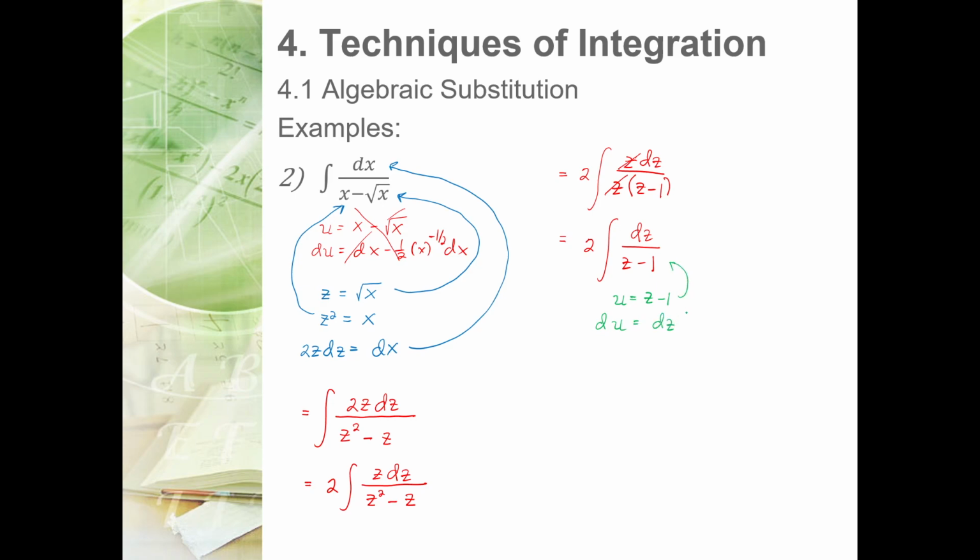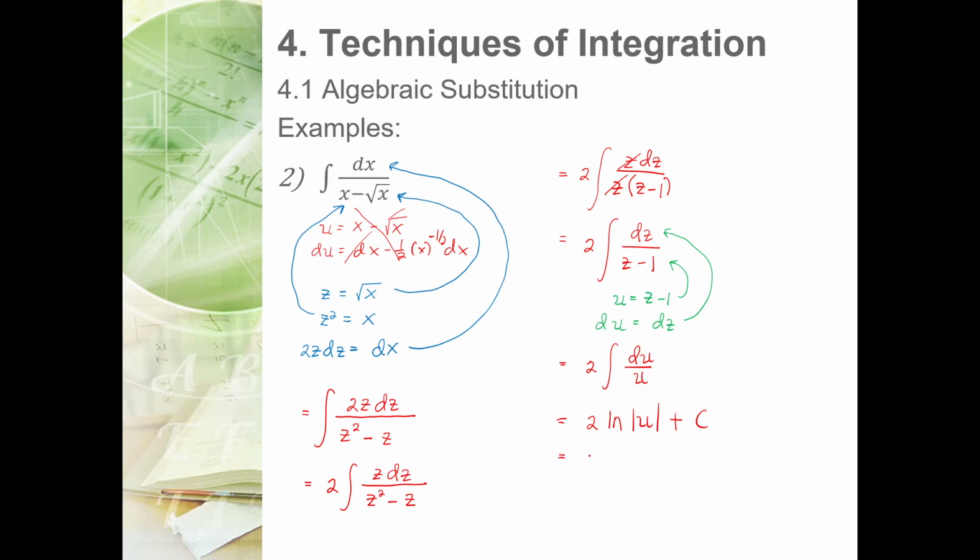So this one is u and this one is your du. So you now have 2 integral of du all over u. So the answer is 2 ln u plus c.